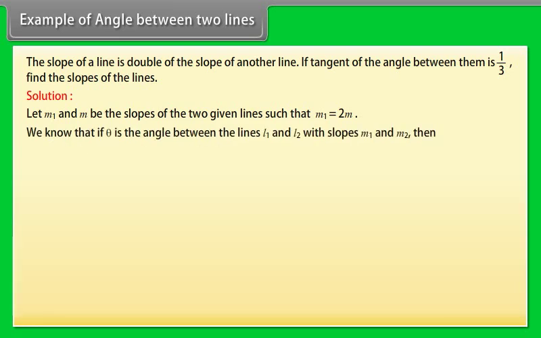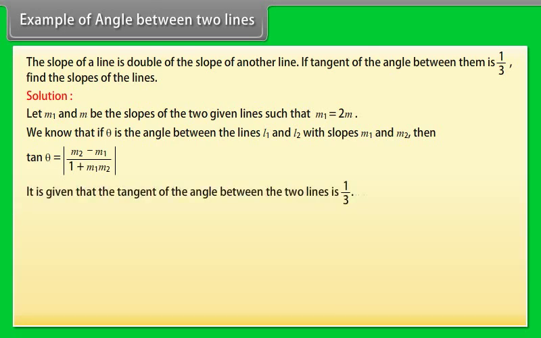We know that if theta is the angle between the lines L1 and L2 with slopes m1 and m2, then tan theta = |(m2 - m1)/(1 + m1 m2)|. It is given that the tangent of the angle between the two lines is 1/3. Therefore, 1/3 = |(m - 2m)/(1 + 2m·m)|.